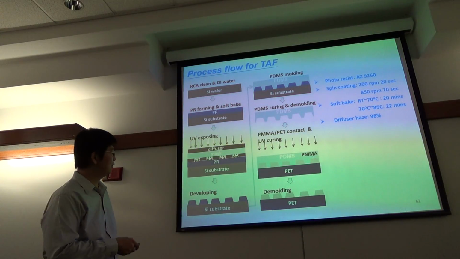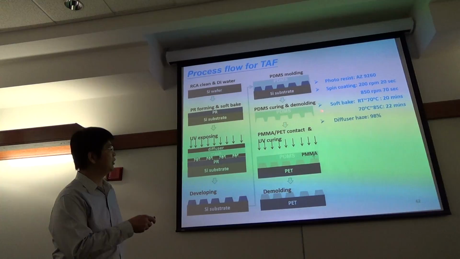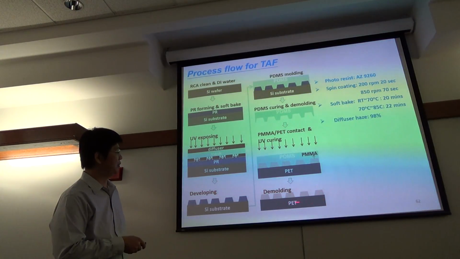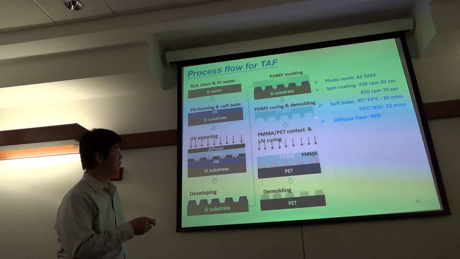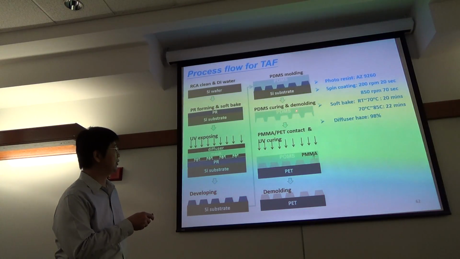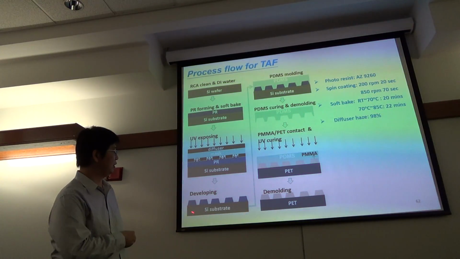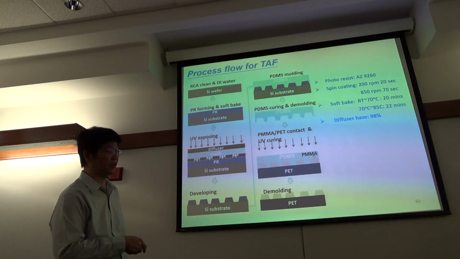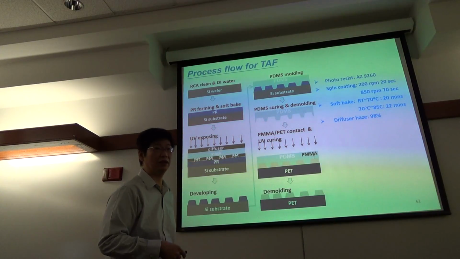Because if you have the PDMS mold, then you can fabricate a PET substrate maybe over 10 times. And from here to here, you can have 10 plates. If you fabricate this one, you can have 100. This one you can duplicate that much.